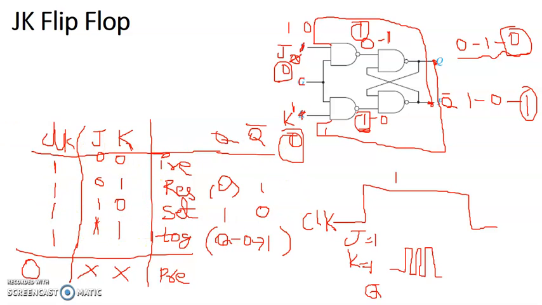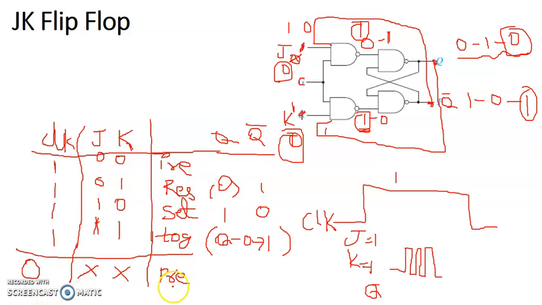So now we have discussed all the cases with respect to the clock when we apply it. Now a very important thing is, when there is no clock, what will happen? When there is no clock, it means the clock is 0. When the clock is 0, one of the inputs of the NAND gate is 0, so the output is always 1, 1. When it is 1, 1, it stays with the previous state. Irrespective of the input, the output is the previous state.